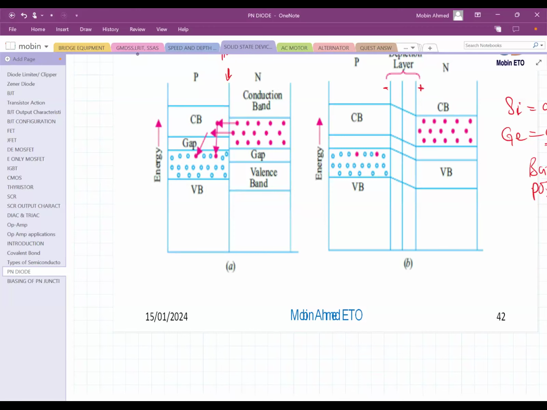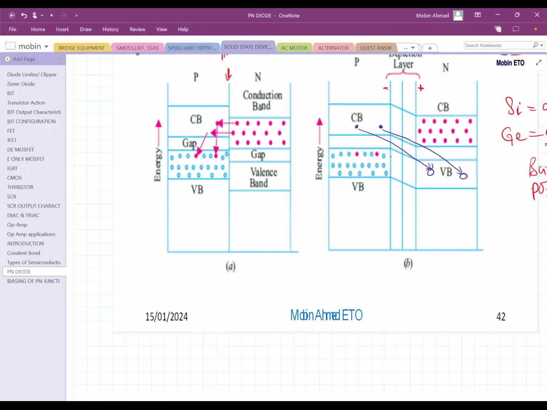Suppose we have a minority carrier, that is the electrons here. And here we have the hole. The hole will always be in the valence band. So this minority carrier easily falls here. It is going to fall like this.